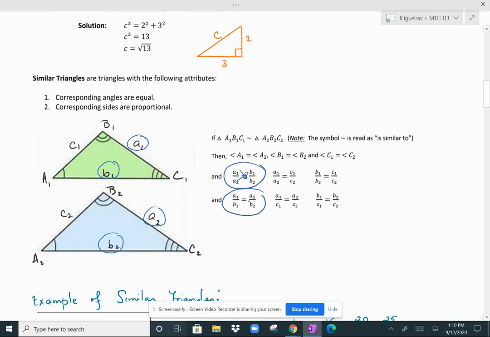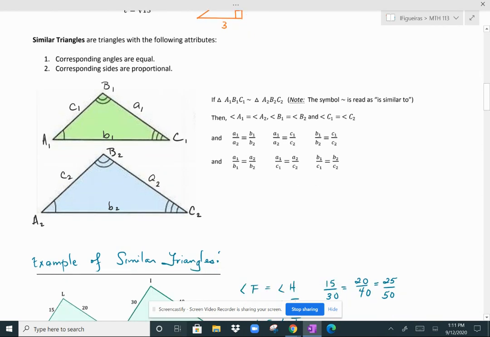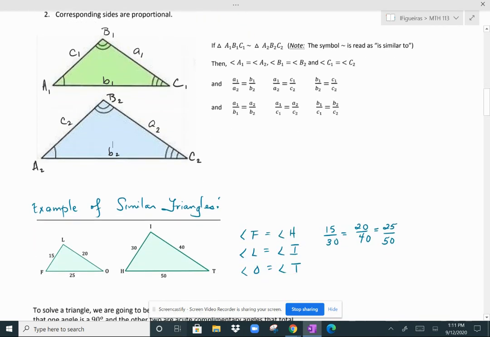You would get the same product in either case. So you can set up your proportions any way you want. As long as you've established that the angles are equal, then you would set up the proportion according to corresponding sides.